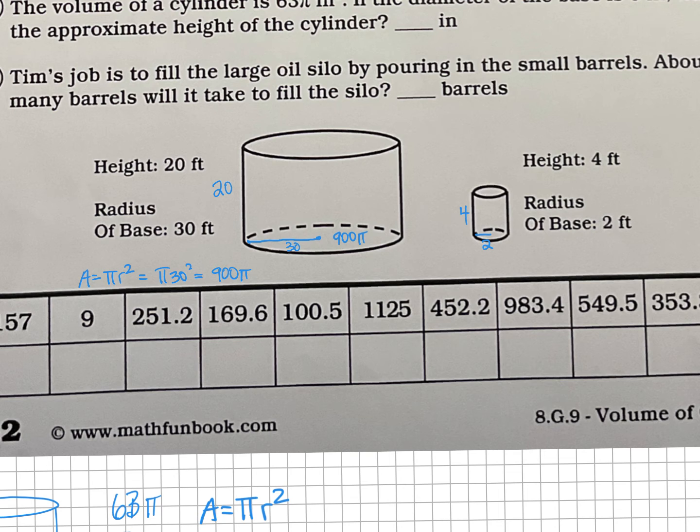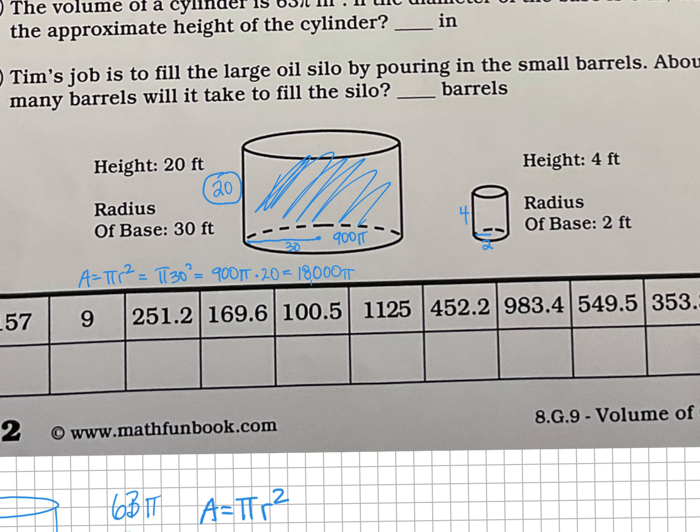I could multiply by 3.14, but I'm not going to right now. To find the whole volume of this thing, I take that 900 pi and I stretch it upwards 20 times. So times 20 equals 18,000 pi. Okay, so this big one's 18,000 pi.